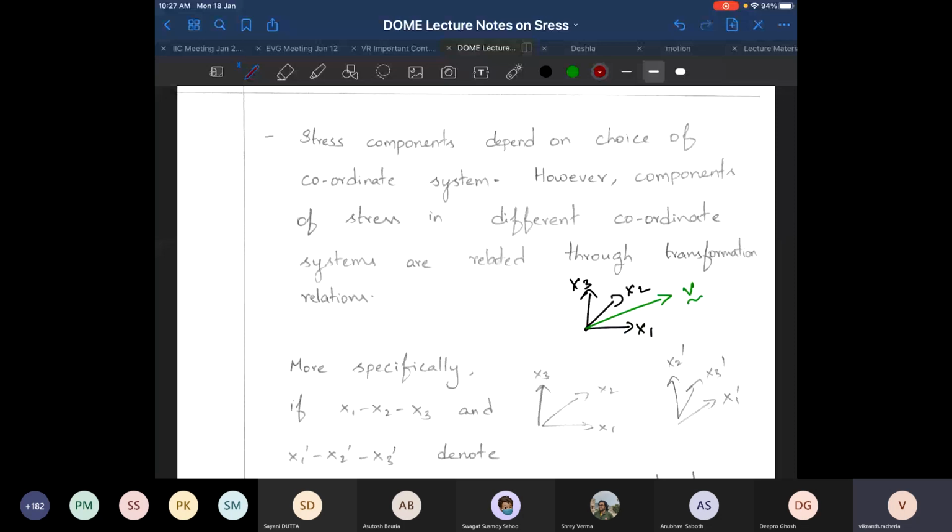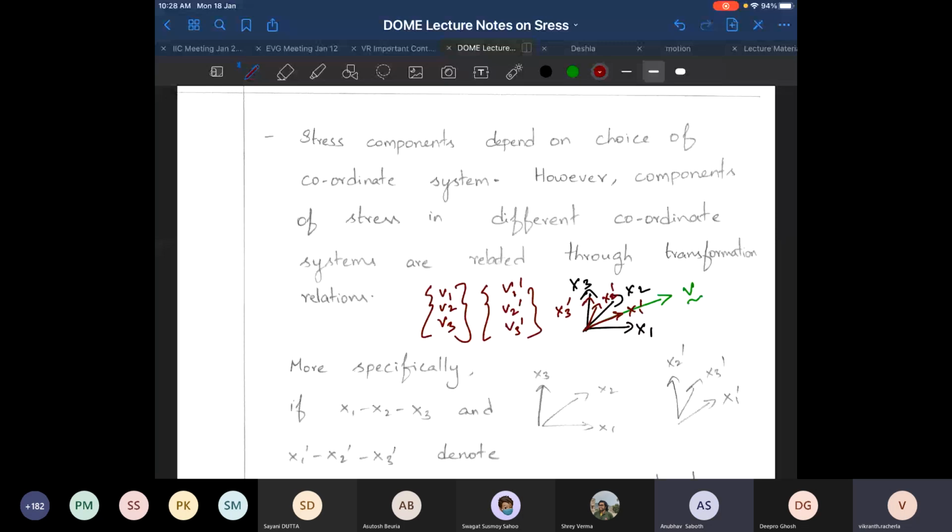This velocity vector, its components, I can write as v1, v2, v3. I can also write it as v1 dash, v2 dash, v3 dash, depending on which coordinate system I pick. So are the components of this particular velocity vector dependent on the coordinate system or independent of it? They depend.